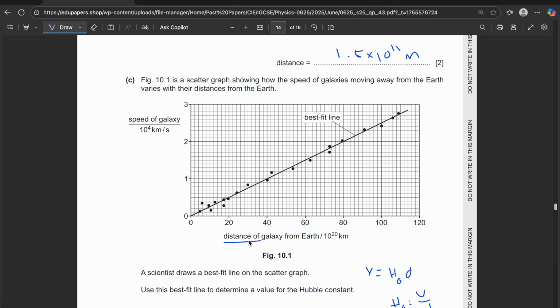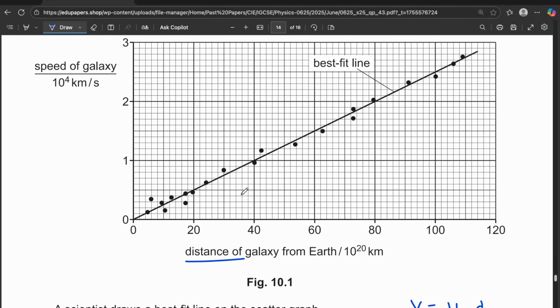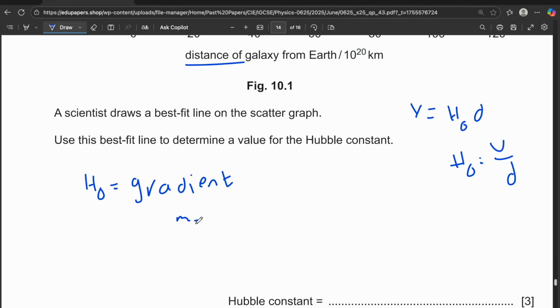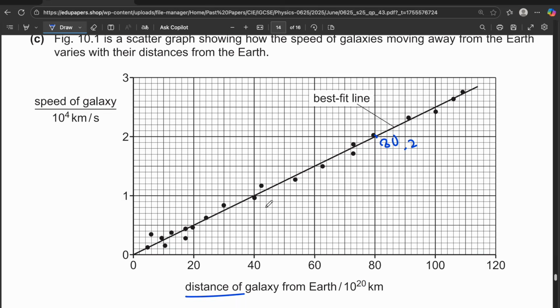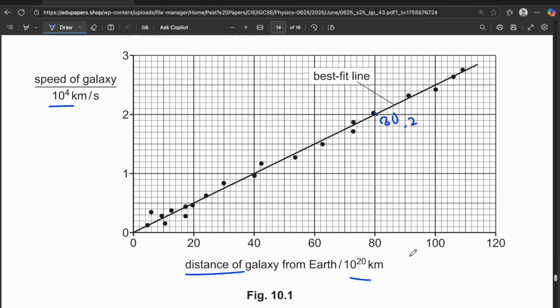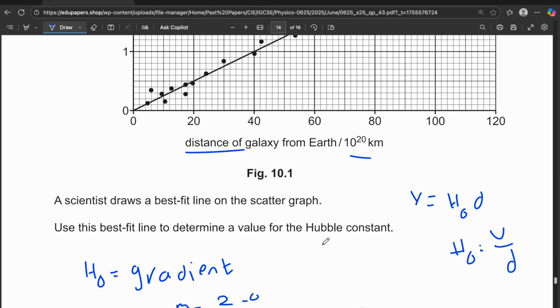So we can take any two points that we like. So an easy one would be around here, 80, 2, and then 0, 0. So m is equal to 2 minus 0 over 80 minus 0. That is 0.025. You have to look at the units as well.